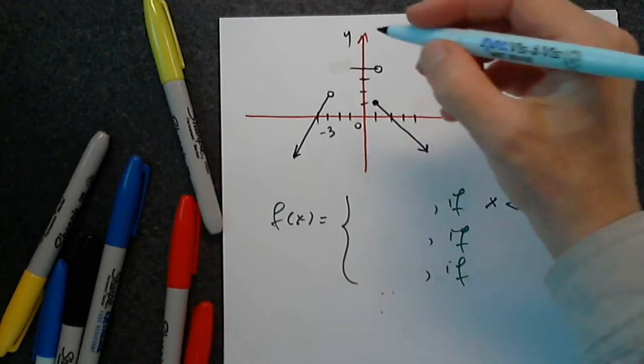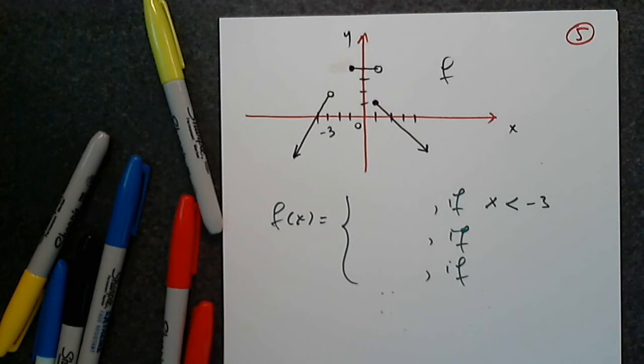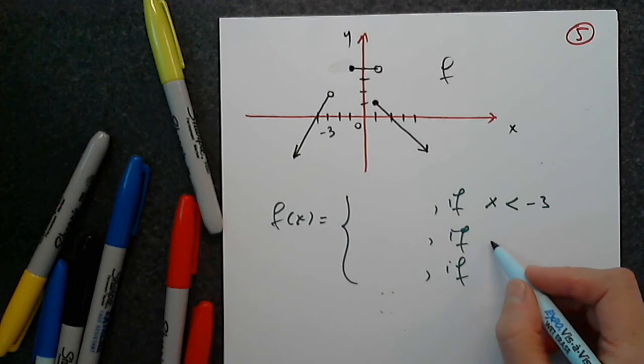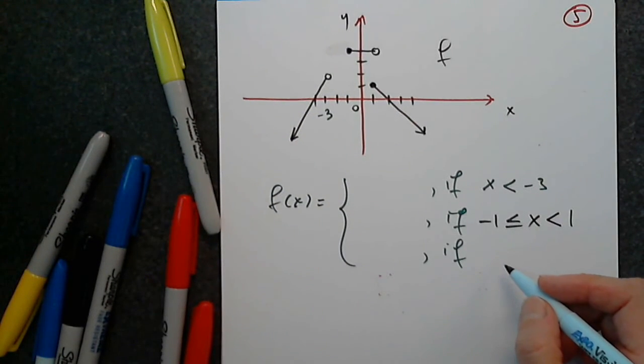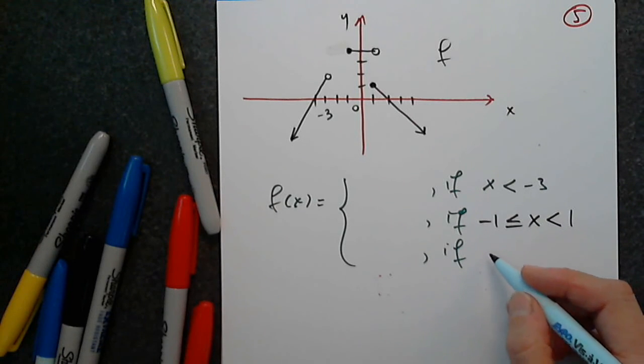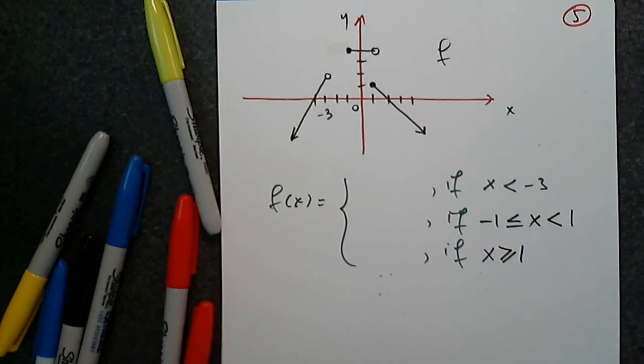And I'm going to start here. Good. So the second branch. So x is greater than -1, and that's 1, right? Perfect. Yes. And the last one? x is greater than 1. Because it exists. Yeah. Very good.